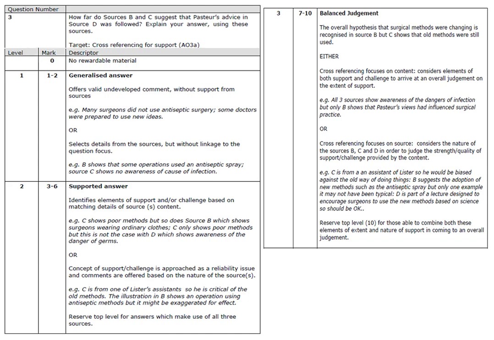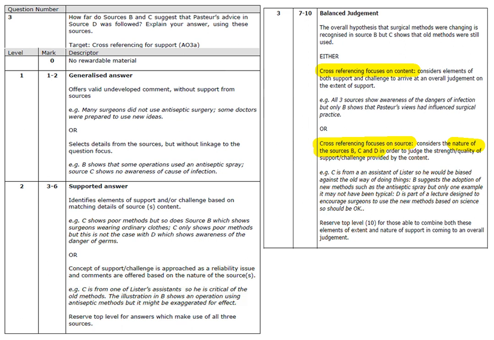If we have a look at the mark scheme, we can see that to do the highest marks, first off, you need to cross-reference, focusing on content. So if we look very carefully, we can see here that we're talking about cross-referencing focusing on content, or cross-referencing focusing on the source, in particular the nature of the sources.